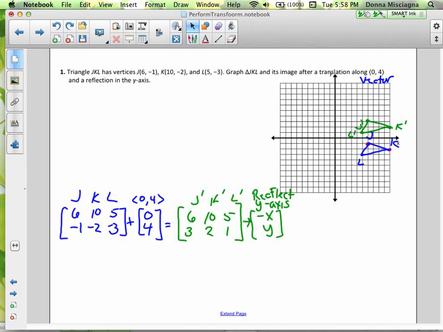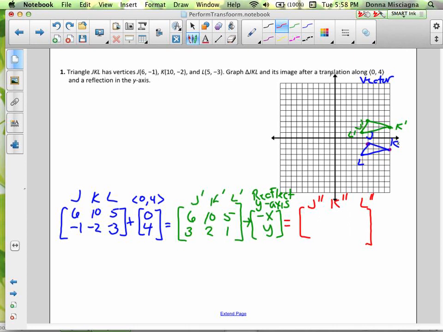And so then our second image, which would be J prime prime, K prime prime, L prime prime, make x's the opposite, so now that's -6, -10, -5, and don't do anything to the y's, 3, 2, 1. Right, and so now we can graph that.